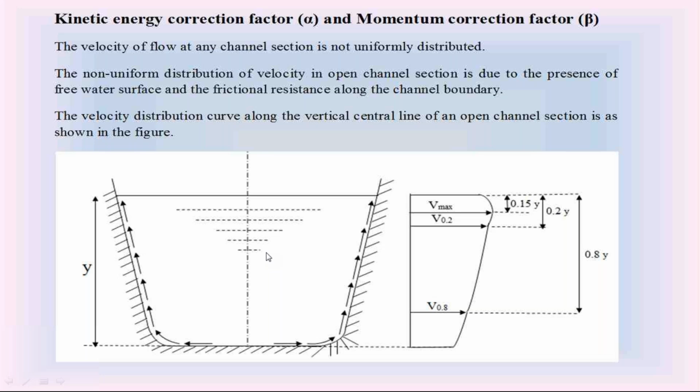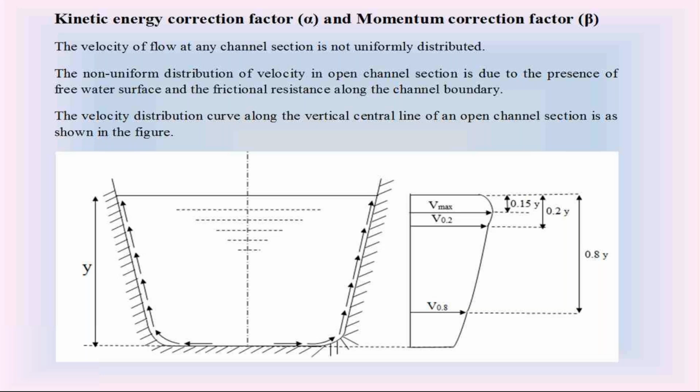So please listen to this carefully. By using that mean velocity, we can calculate the kinetic energy and linear momentum. But when you use that mean velocity in the kinetic energy, it is not the actual kinetic energy. Actual kinetic energy is half m into actual velocity squared. But in open channel flow, since we cannot determine the actual velocity, we first determine the mean velocity, V0.2 plus V0.8 by 2.